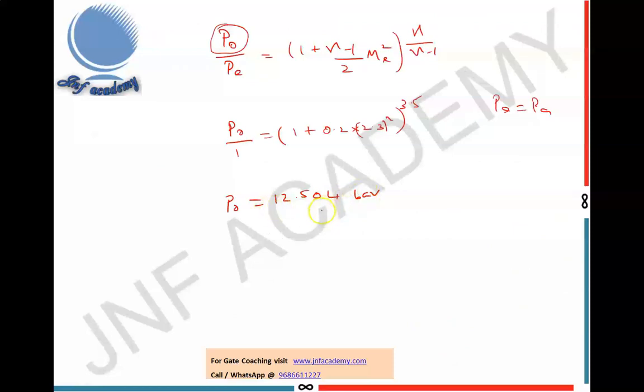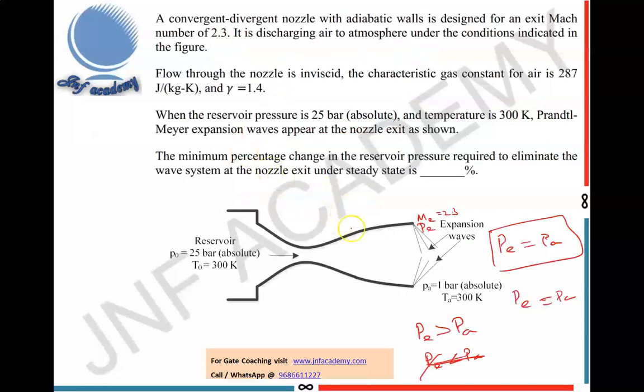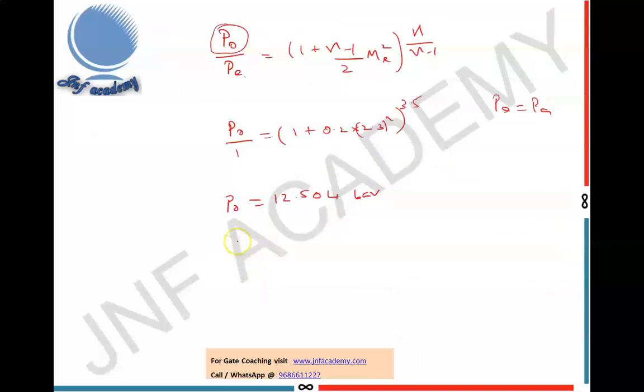That's your P naught value, 12.504 bar. This is your new P naught value so that your exit pressure will be equal to your ambient pressure, so that no expansion waves are required. Then what is the minimum percentage change in the reservoir pressure required to eliminate the wave system? Initially P naught is equal to 25 bar, and the new P naught required to eliminate the wave system is 12.5.